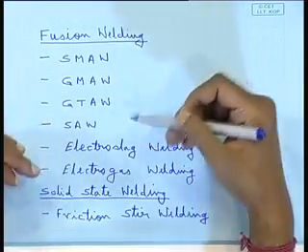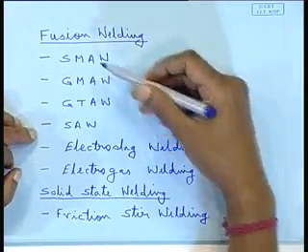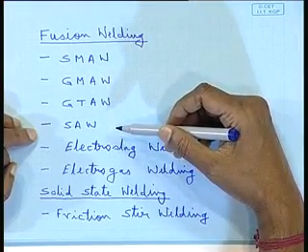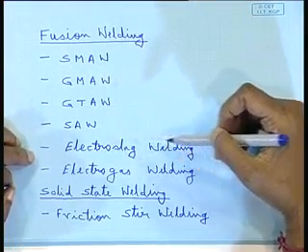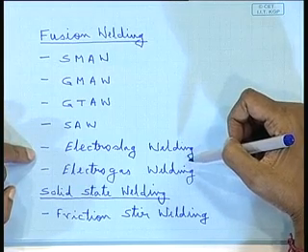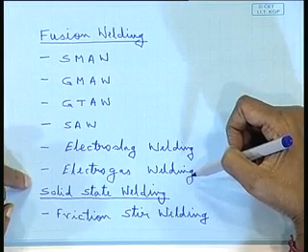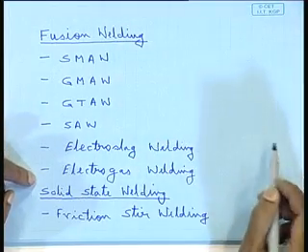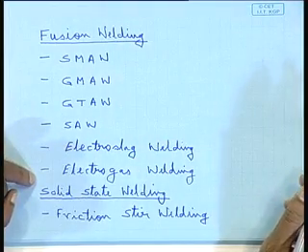We'll take them up in a little more detail subsequently. I am just now highlighting what the methods are. SAW, submerged arc welding. Then you have something called electro slag welding, electro gas welding. So these are, as we can see, 6 such methods which are based on the fusion welding process.